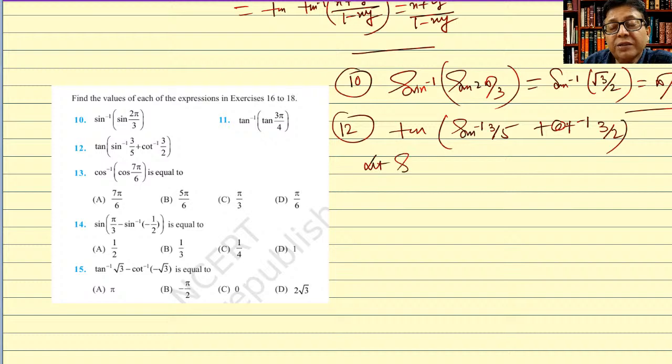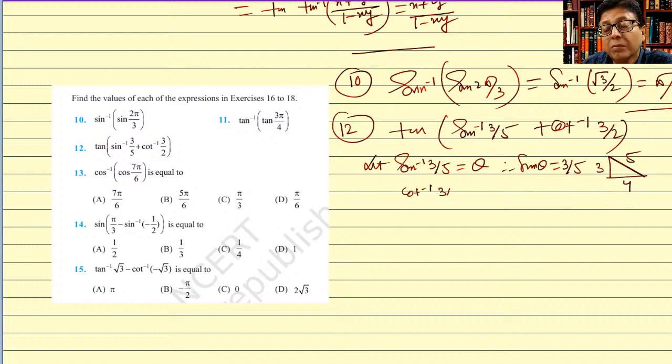You write sin theta equal to 3 by 5, and this is cot inverse.